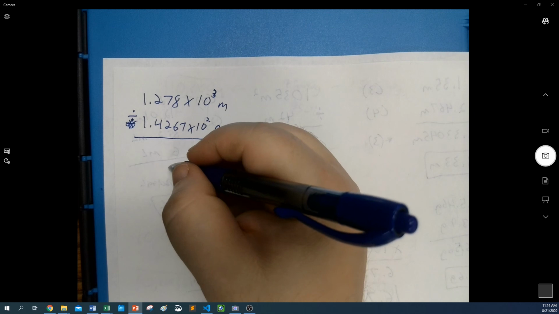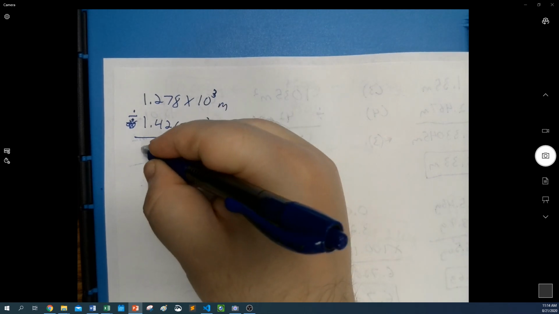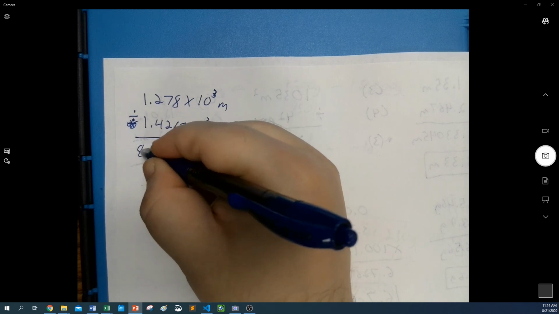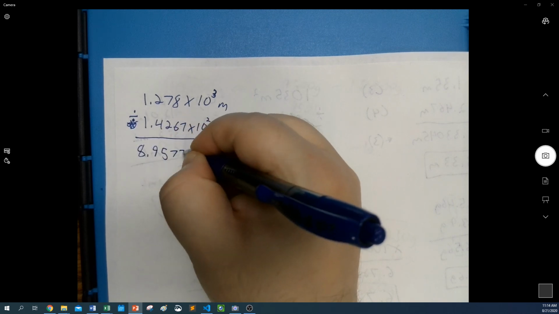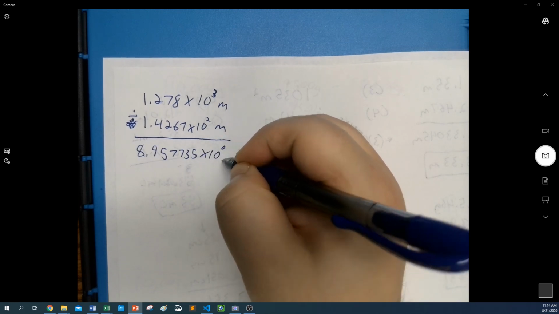You can either put your answer in scientific notation. So in scientific notation, it would be 8.95773 times 10 to the 0.